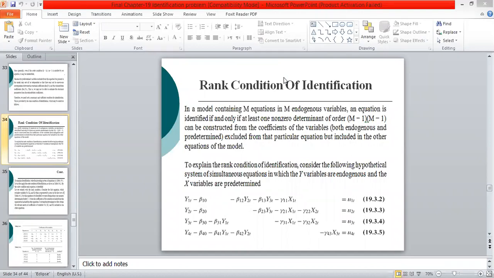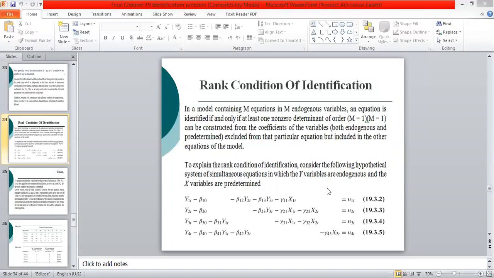In the first equation we have one predetermined variable, x1. In the second and third equations, we have two predetermined variables, x1 and x2. In the fourth equation, we have one predetermined variable, x3. It means in the whole model there are 7 variables: 4 endogenous and 3 predetermined.